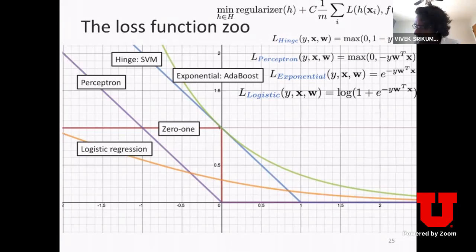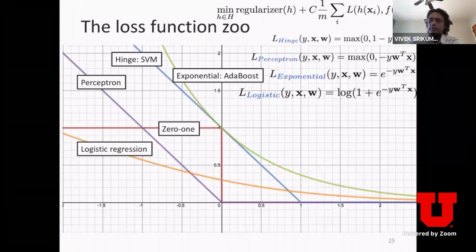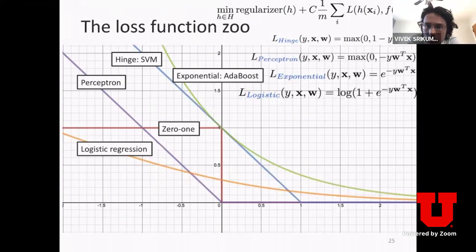Okay, let me briefly stop here for questions, because this is a lot of information. So if the 0-1 loss is the ideal case, how come none of these functions look like the 0-1 loss? That's an interesting question. Yeah, 0-1 loss is ideal, but none of them look like it, because when we are inventing loss functions, for historical reasons, I guess, we want the loss function to have a few properties.